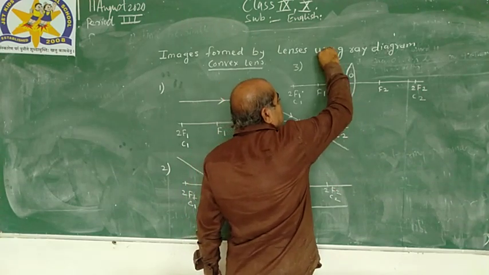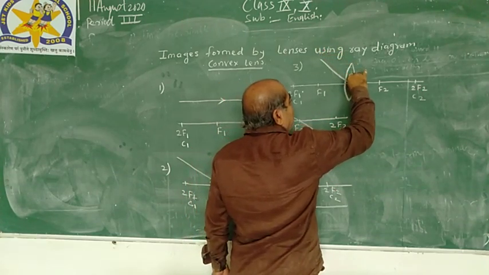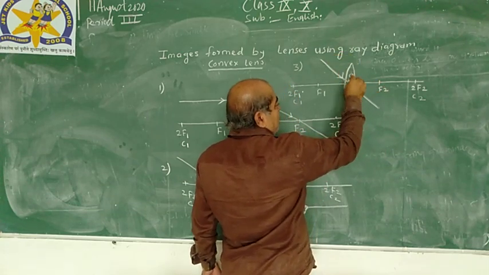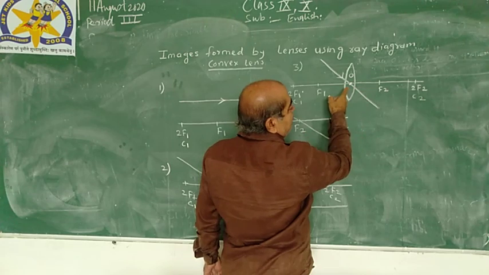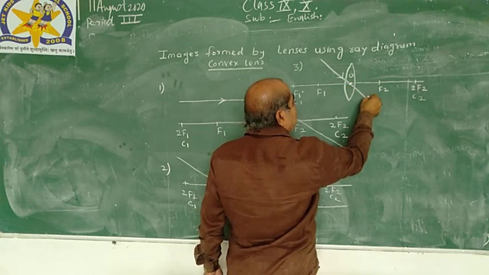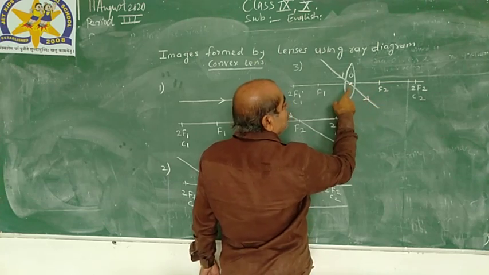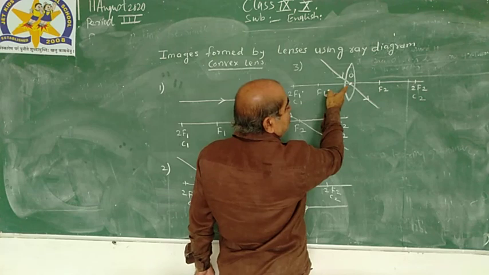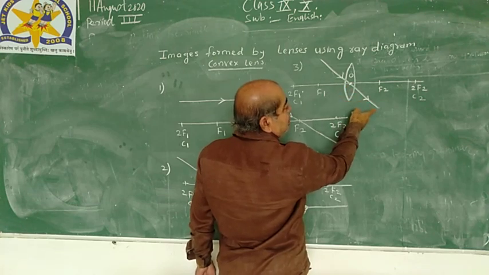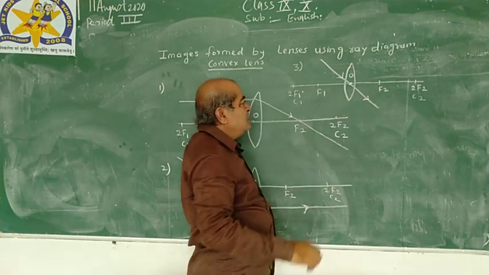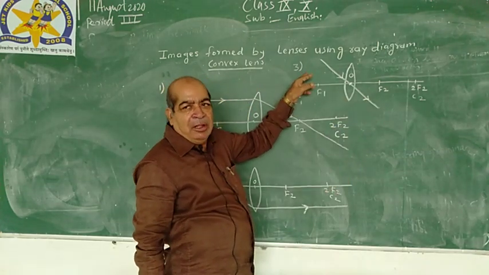Third rule is, when a ray of light passes through the optic center, after refraction it passes without any deviation, or it emerges along a straight line, means the path is same. This is then the third rule.